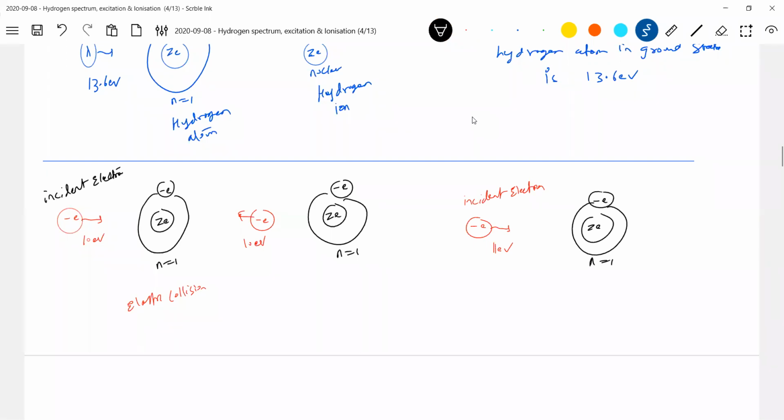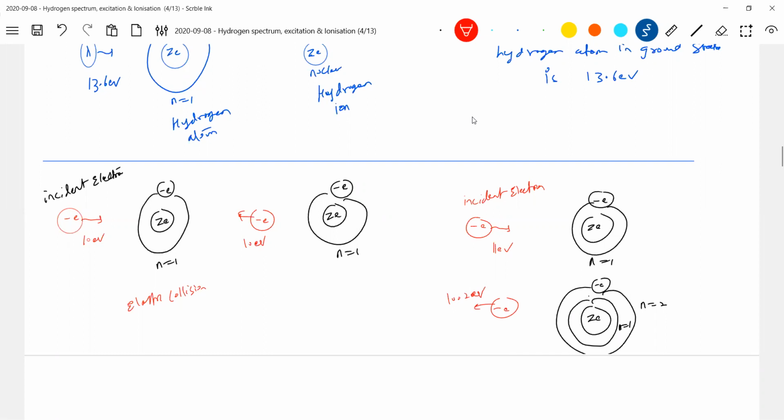After collision, the electron will be left over with some energy, then it will jump to the second excited state. Again, it will give out that particular photon here. Now, what is the type of collision here?